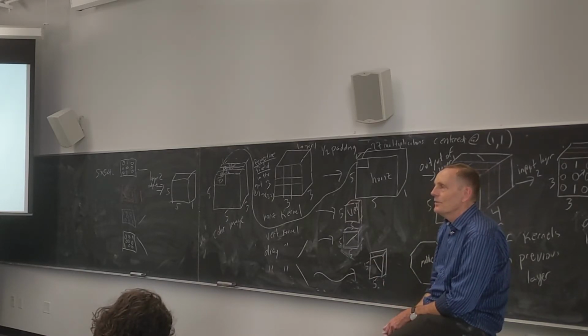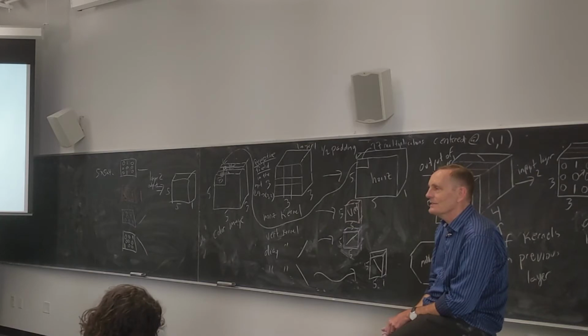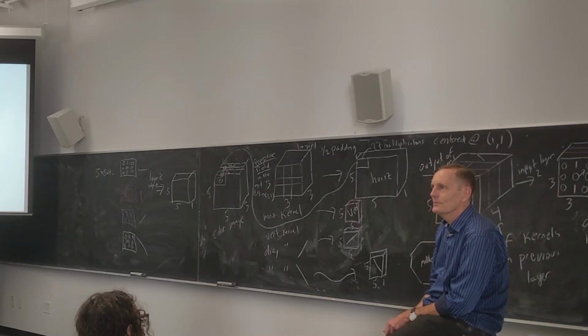What spurred a lot of advance was a challenge called the ImageNet challenge. I think it's 1 million labeled images into, is it 10,000 different classes, I believe?